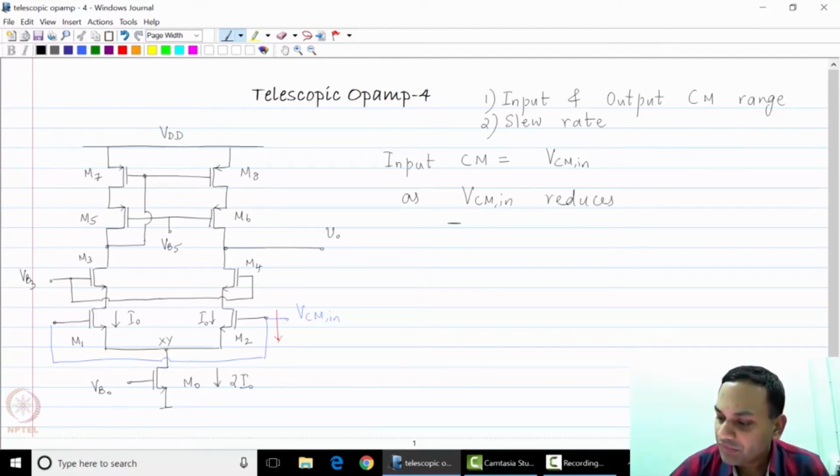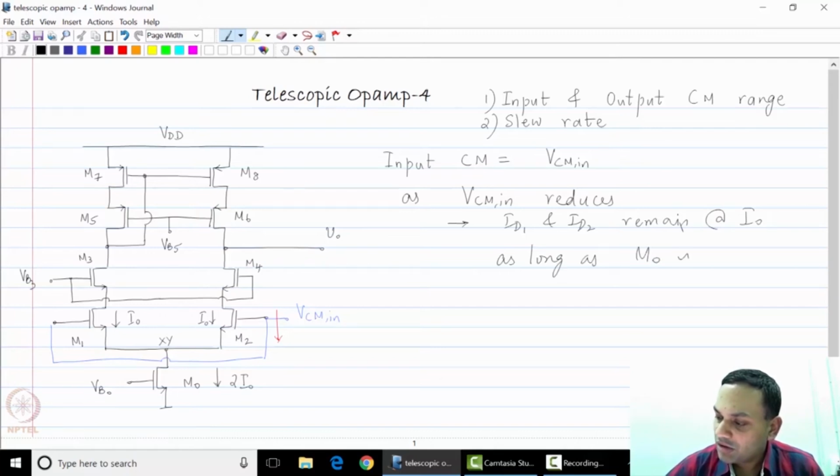So as VCM in reduces, the points we will make are: ID1 and ID2 remain at I0 as long as M0 is in saturation. This means that VGS1 and VGS2 remain constant.